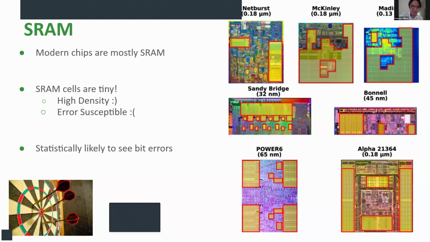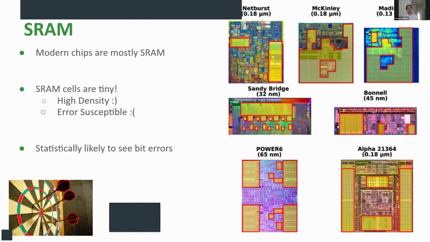SRAM is great because it's super high density. Only 6 transistors per bit of memory is really small, and they're really small transistors. The problem with it being so small is that it's extra error susceptible. If you have one tiny imperfection in your wafer that hits one of these little transistors on an SRAM cell, suddenly that cell might not work, and that is going to cause problems.